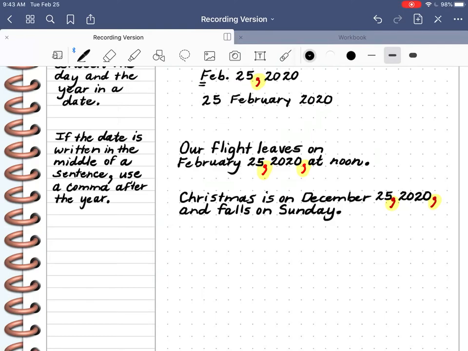And I'm going to say, no, Christmas will be on Friday this year. This one doesn't have a date. This is another comma rule. And here's the rule.